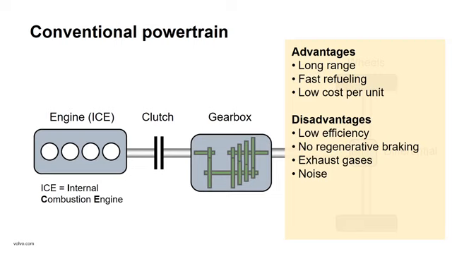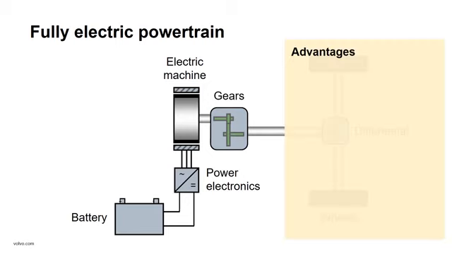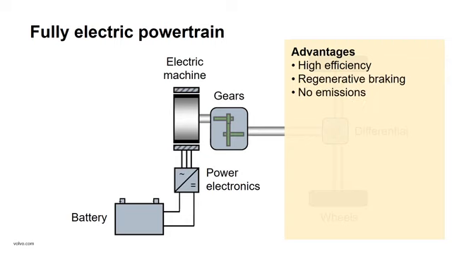Electric powertrains can be the answer for many vehicle types. In an electric vehicle, the engine is replaced by an electric machine plus a battery plus power electronics. The gearbox can also be simplified. And the advantages, they are high efficiency, regenerative braking, and no tailpipe emissions.